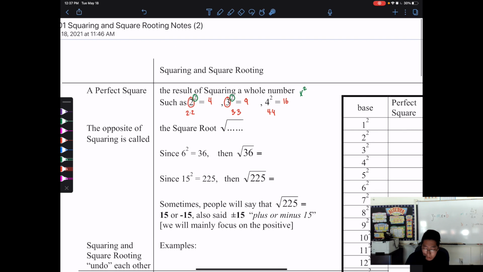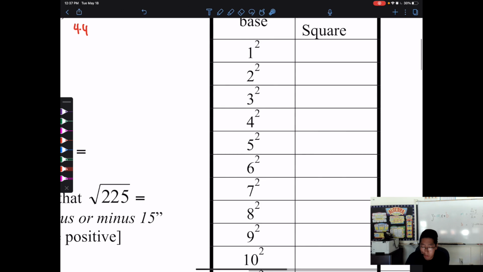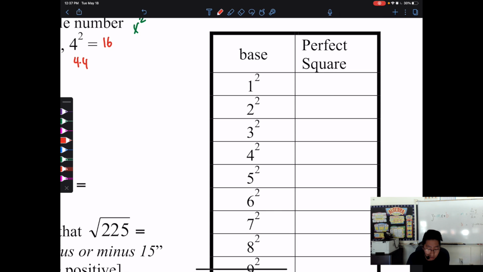We are going to look at this table and fill it out. Base is 1, so 1 squared is 1 times 1, which is 1. 2 squared, 2 times 2, is 4. 3 squared, 9. 4 squared, 16.